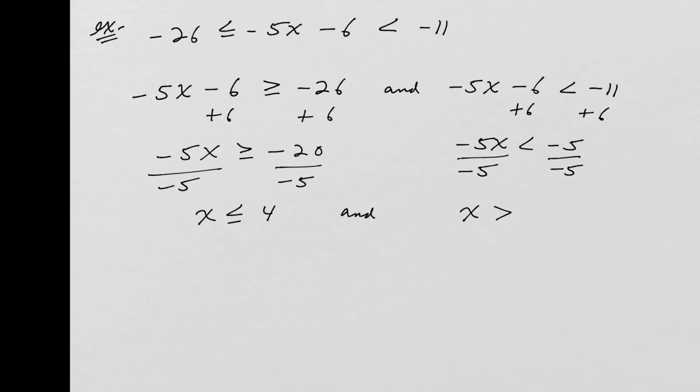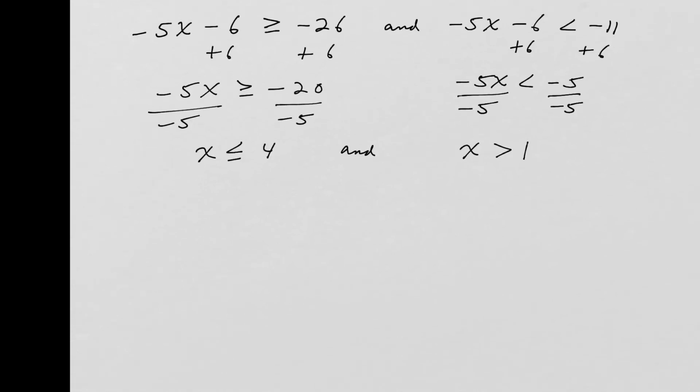So it's greater than 1. So how do I write both x is less than or equal to 4 and x is greater than 1? Well, if I put those together, I get exactly what I had before. x is greater than 1 and less than or equal to 4. Or in interval notation, (1, 4]. Okay, so you can do it separately and then put it back together at the end.